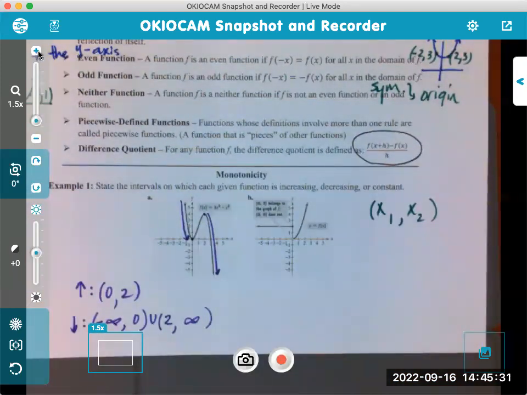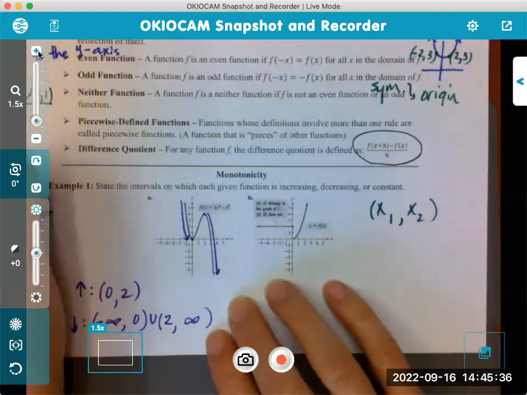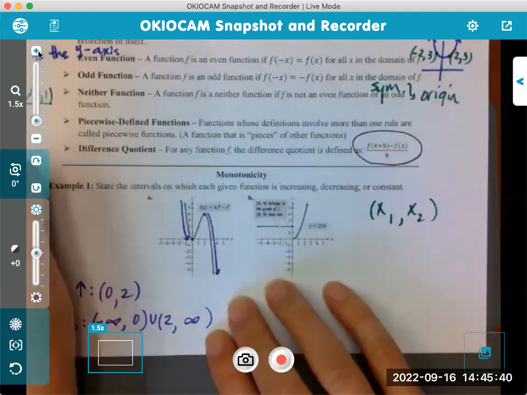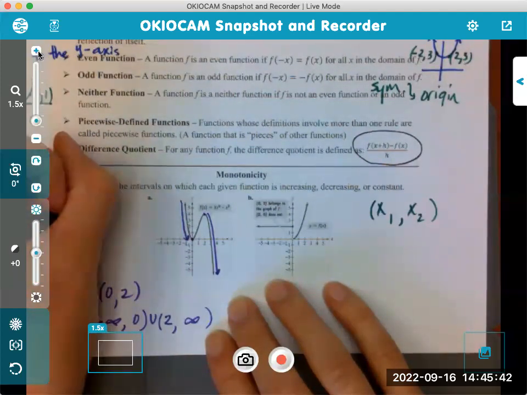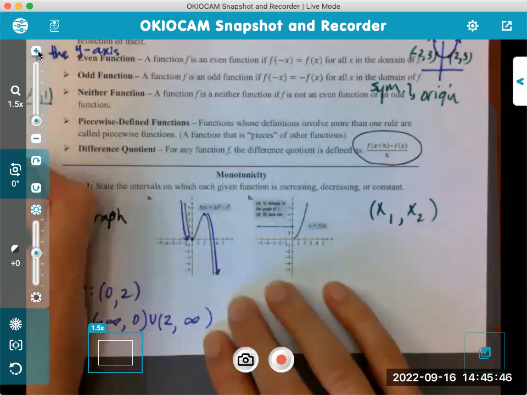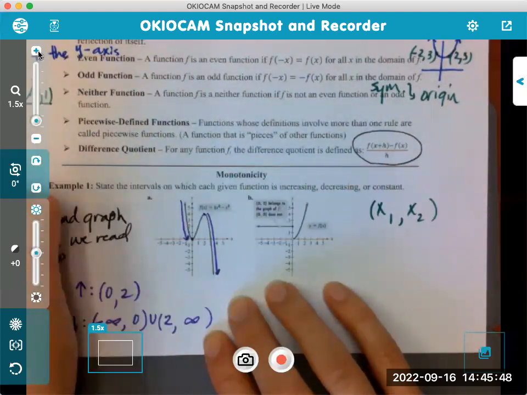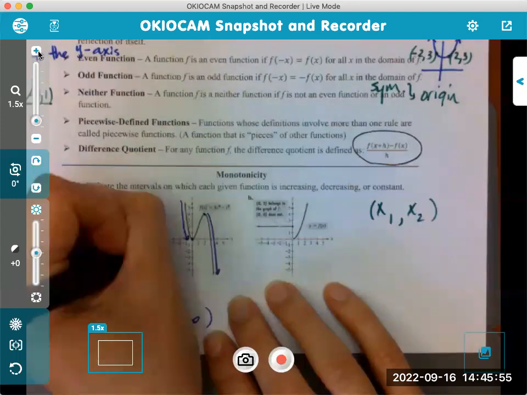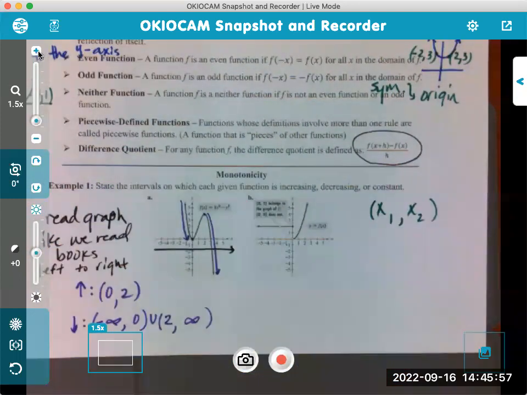With this, you'll probably wonder how I knew this. You write it like we read a book, left to right. So read graphs like we read books, left to right. You would always describe it as that left to right movement.